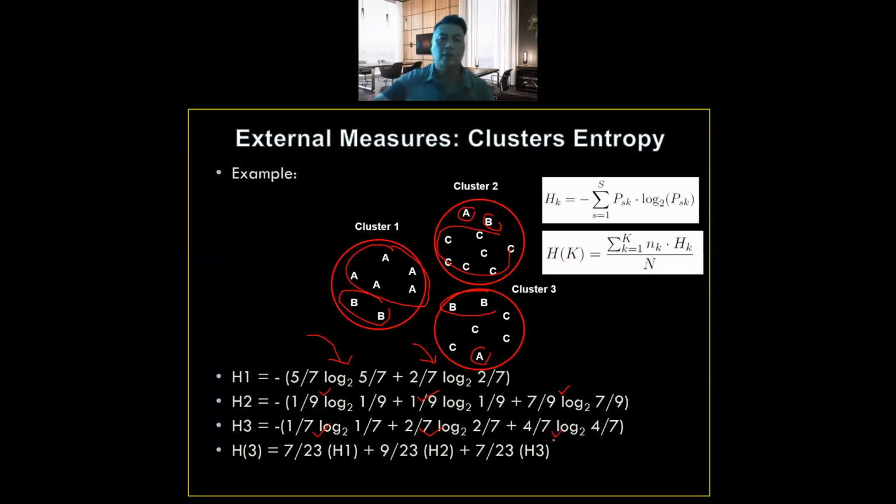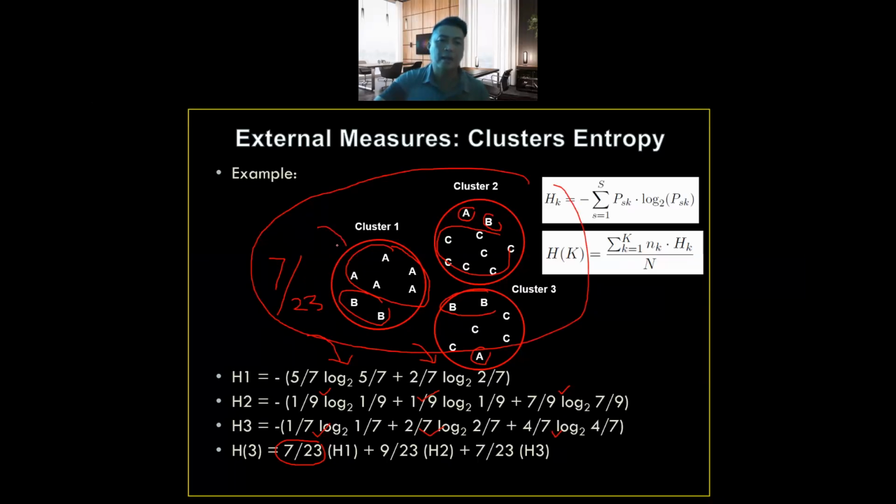So the total entropy for all your clusters will be, remember that this is the weightage that we have for cluster 1. We have 7 divided by 23 because we have 23 items for the whole clustering, and only 7 belong to cluster 1.